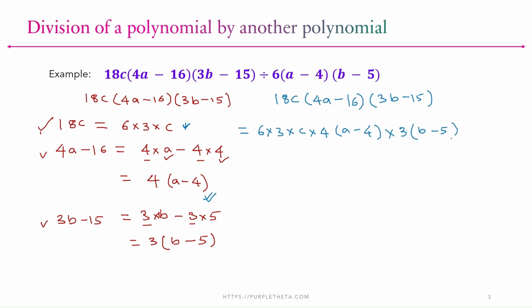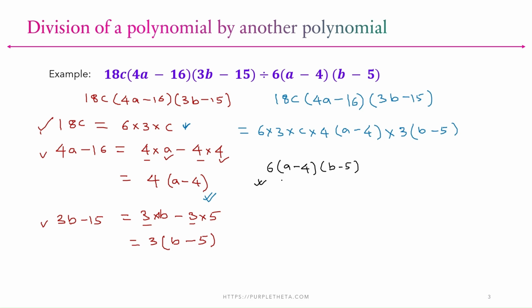So now for the next step we need to look at the denominator. This is our denominator. It is already in factor form, so we do not need to factorize it further. Now we compare numerator and denominator and cancel common factors.